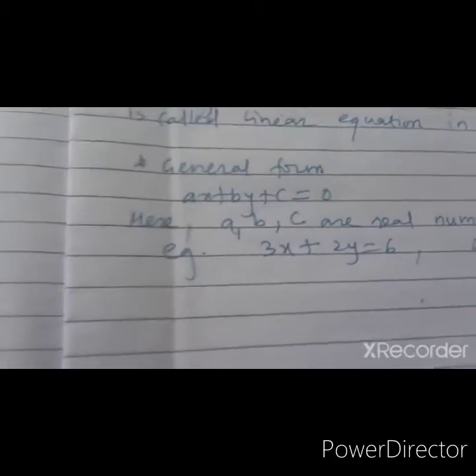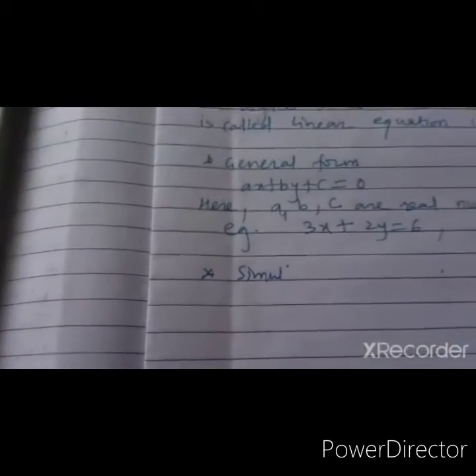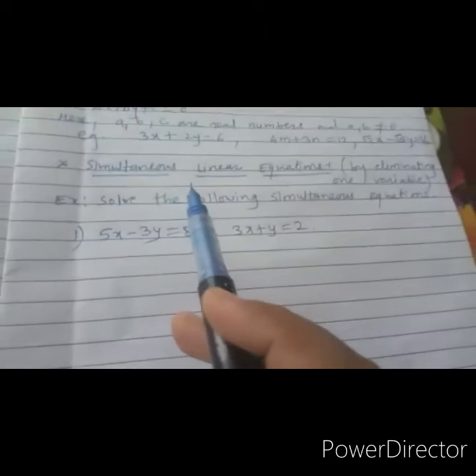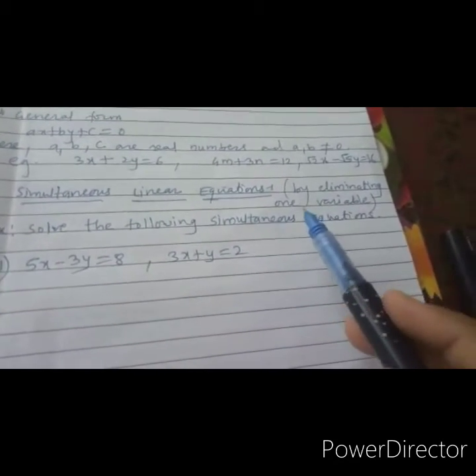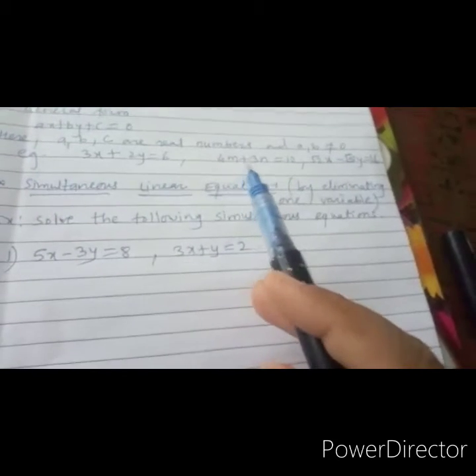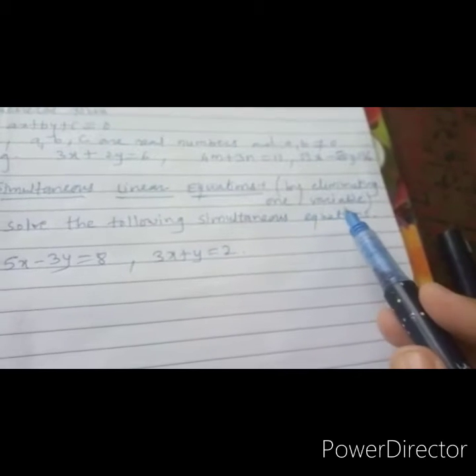Now let us see the next point, simultaneous linear equations. Let us see simultaneous linear equations, that is, linear equations in two variables, by eliminating one variable.